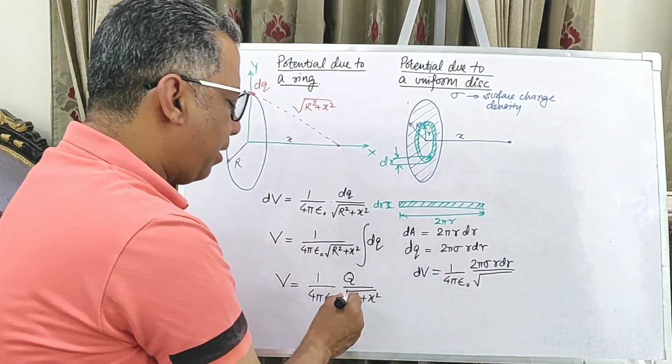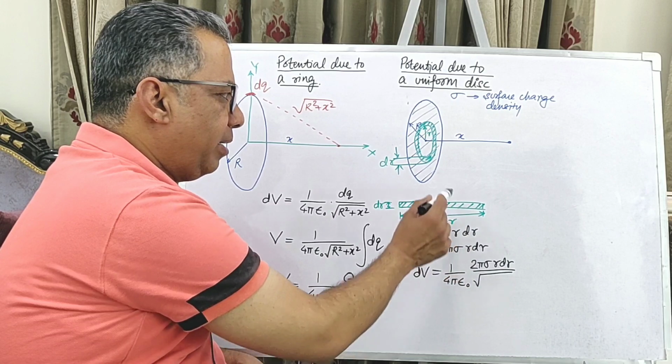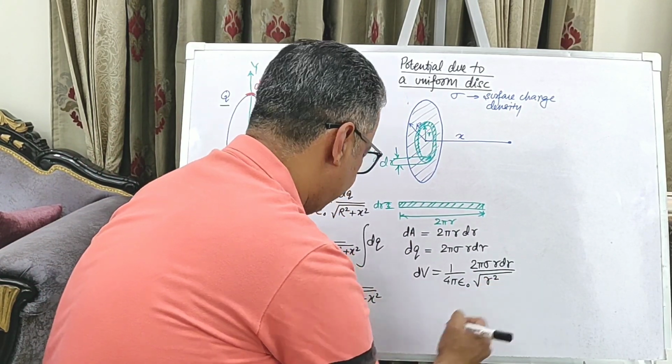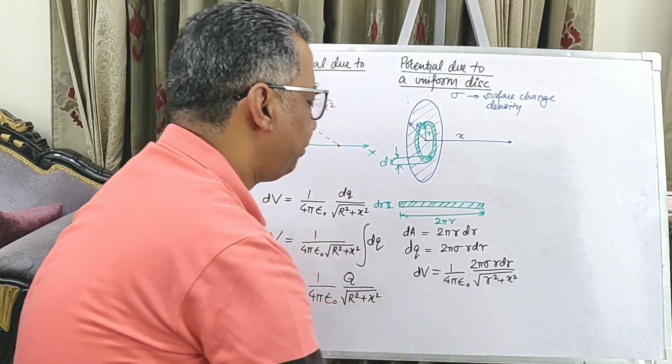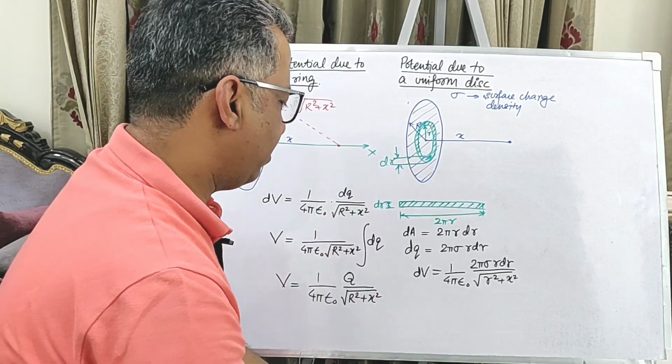Remember, this capital R here was the radius of the ring. The radius of the ring here is small r, and so we have small r square plus x square. That's dV, the potential due to the ring element.